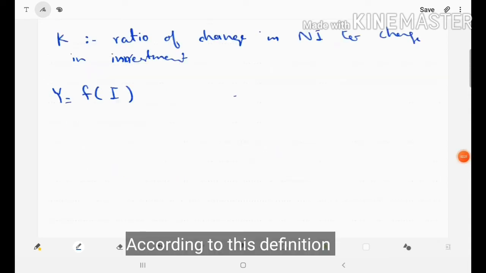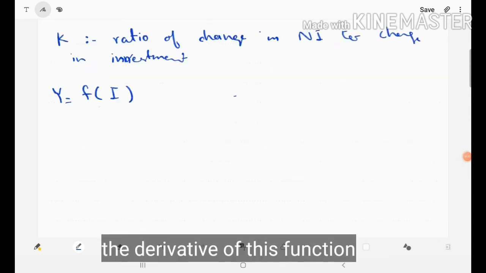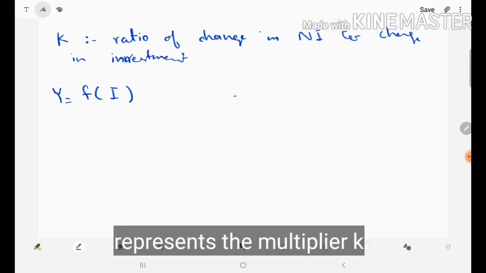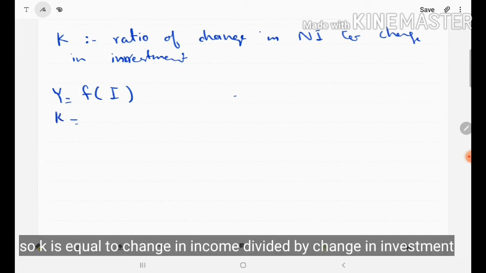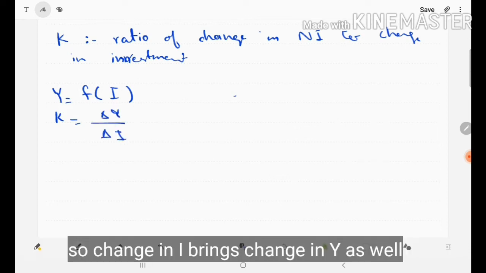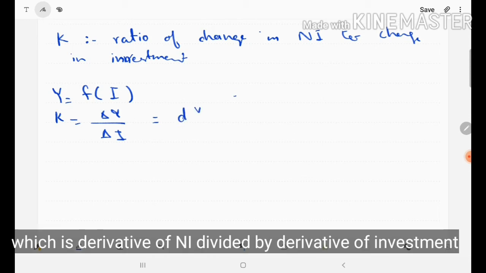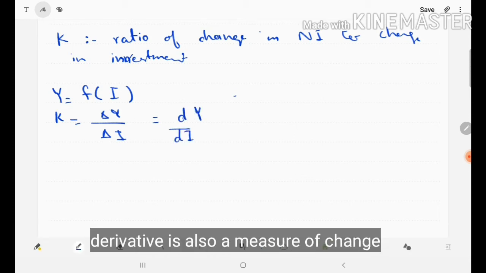So K is equal to change in income divided by change in investment, which is the derivative of income with respect to investment. Derivative is also a measure of change.